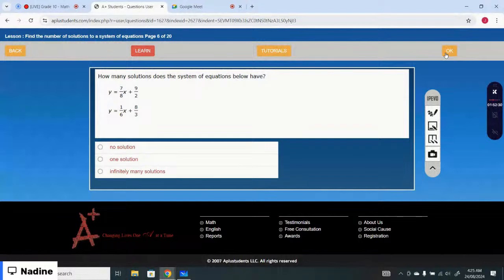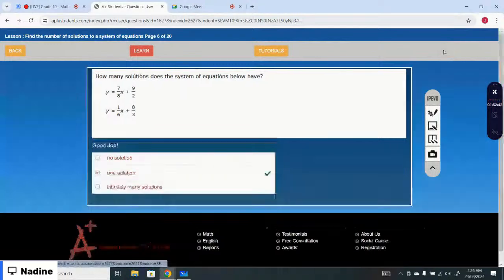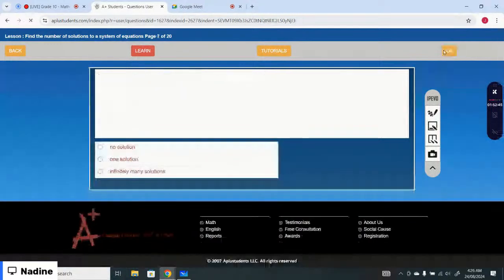The correct option is no solution, right? They don't have the same slope or either their y-intercept is different. So the correct option is one solution, right? One solution it is.